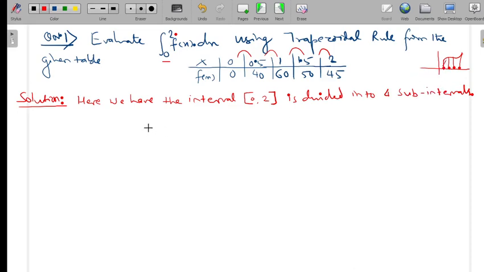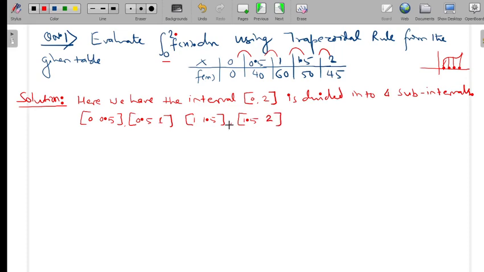So, dear students, let me show the intervals. One is 0 and 0.5, the second is 0.5 and 1, the third is 1 and 1.5, and the next one is 1.5 and 2.